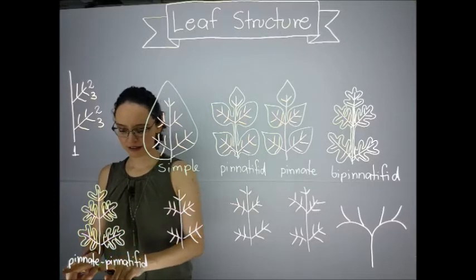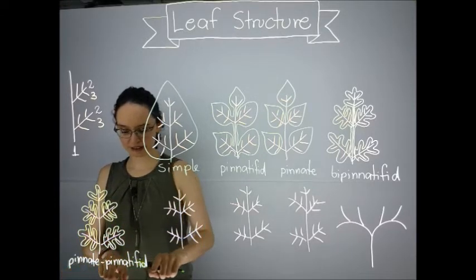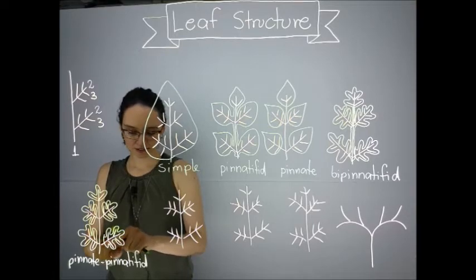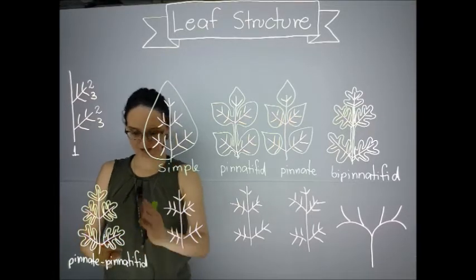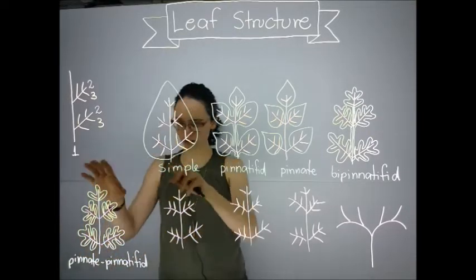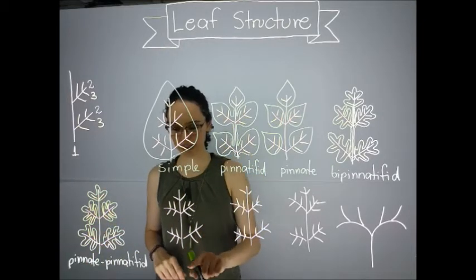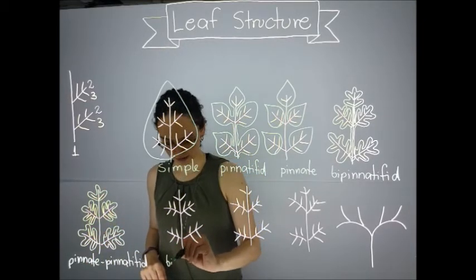So pinnate because the central axis is free, pinnatifid because the leaflets have these deep notches, but they are still continuous. The blade is still continuous. Then bipinnate.